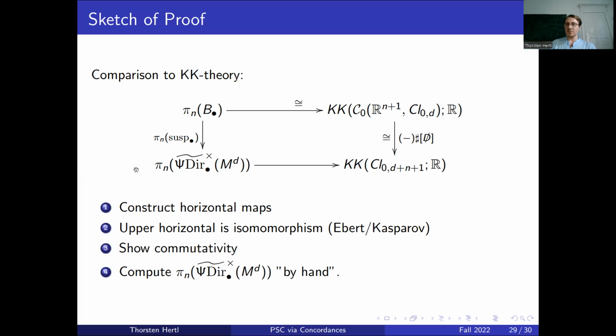And then you see by some algebraic tricks that since this map here and here is an isomorphism, this map must be surjective.